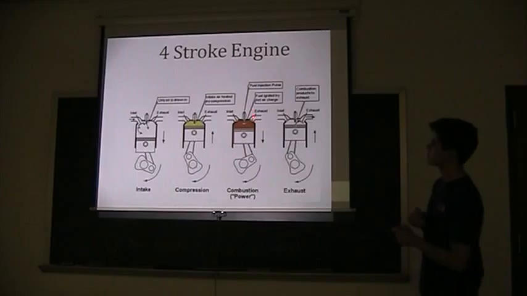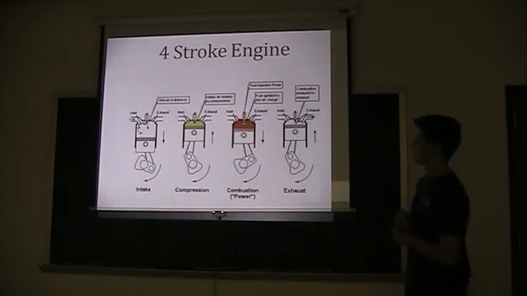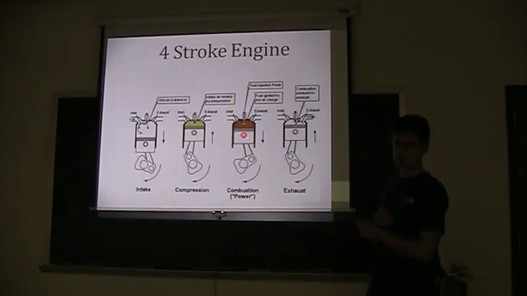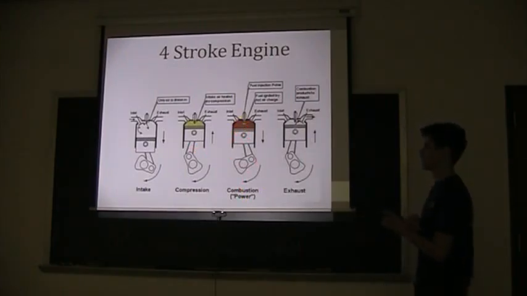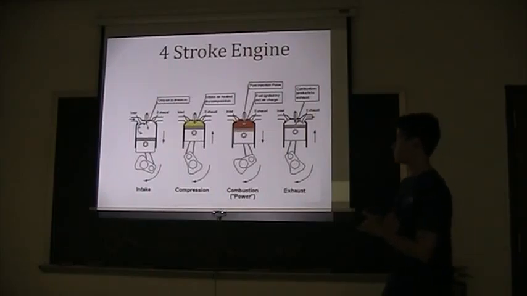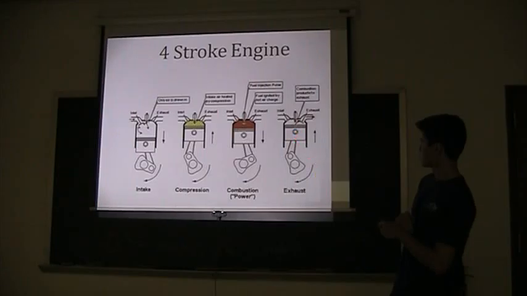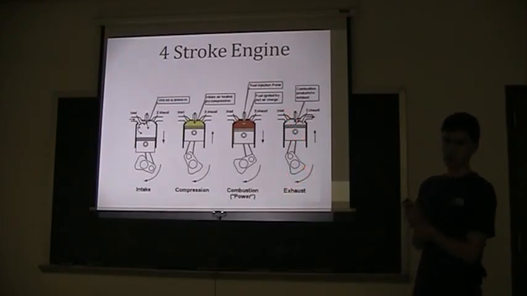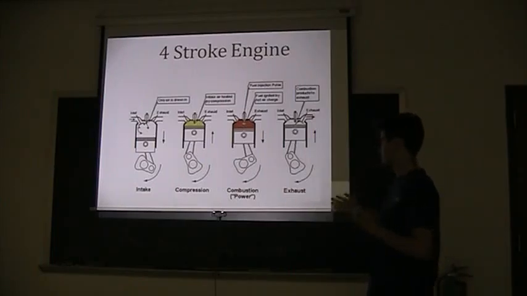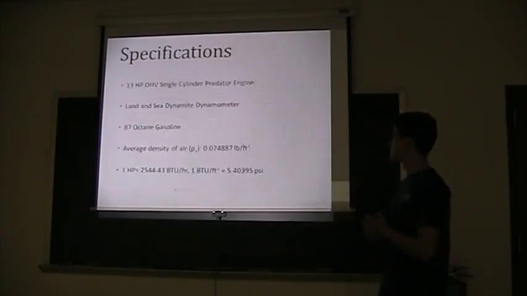At the top of that, you'll have a spark, which causes an explosion, which causes your power. This is your power stroke here. That forces it down. This is the only stroke that creates power to move the crankshaft. And then after that, your exhaust port is opened, and the piston will move up and expel your used up air and fuel, whatever fuel is left in there.